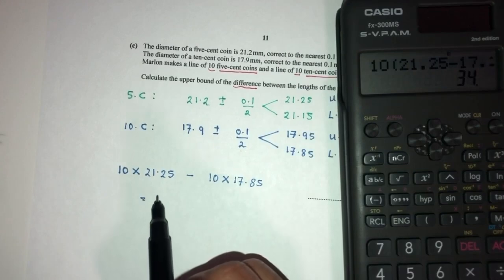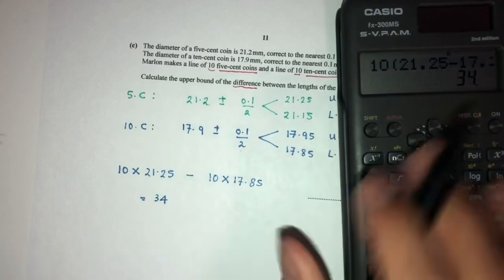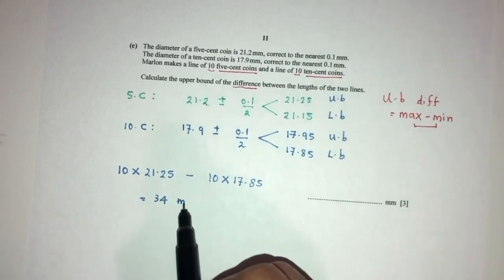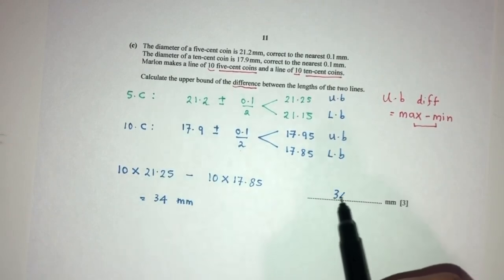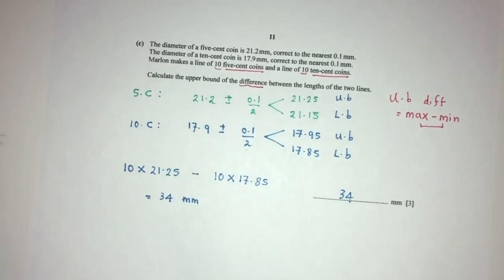That should be 34 mm as the largest difference possible between those two. Okay, so basically, yep, that's your answer for question part C, and that is your question number 5.